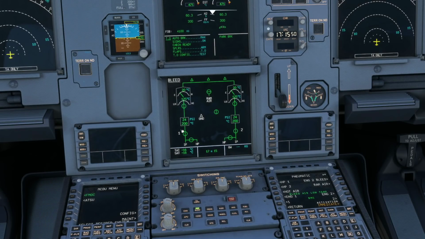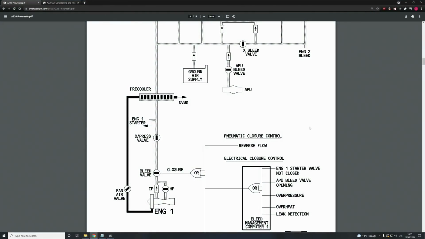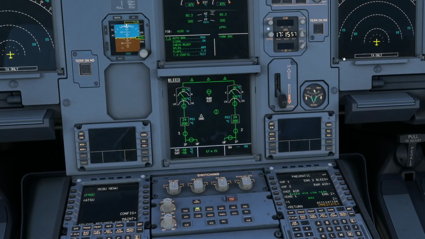Now, these readouts are not what we're about to fail. We're about to fail the actual temperature sensor on the pre-cooler, and we're going to give it a false high temperature reading. This sensor is not something any of you will ever be able to see because it's not provided as a readout on any of the ECAMs, but it does exist in the background, and that's the case for a lot of this stuff.